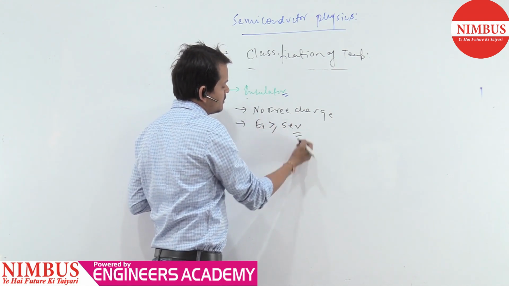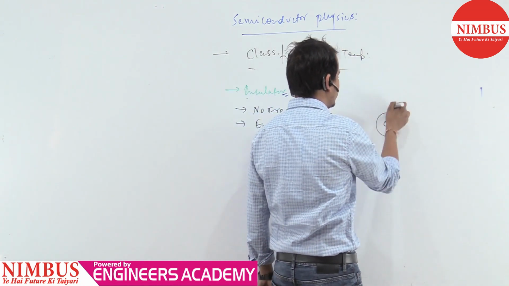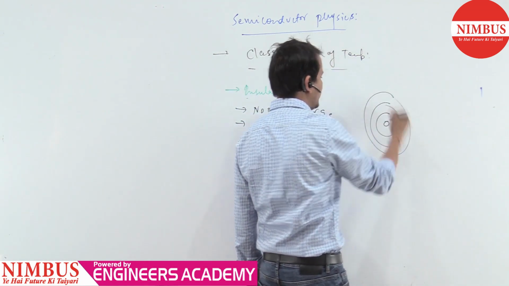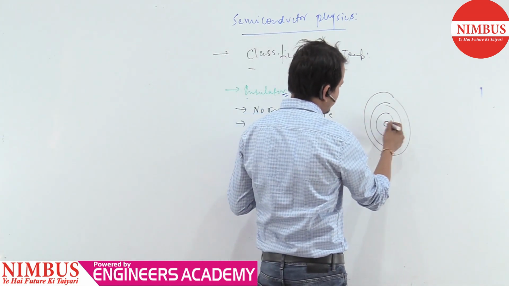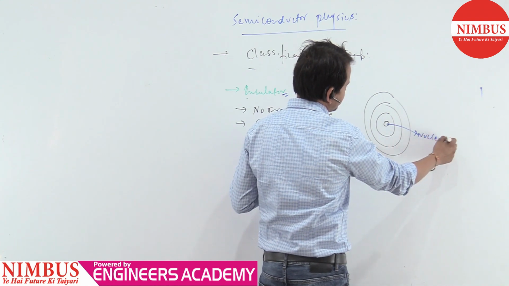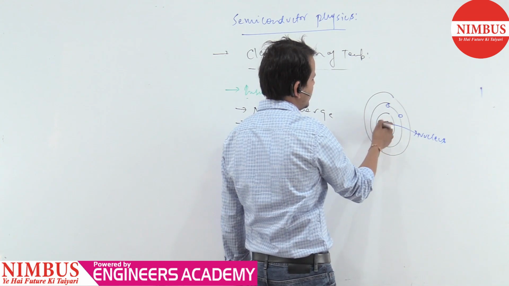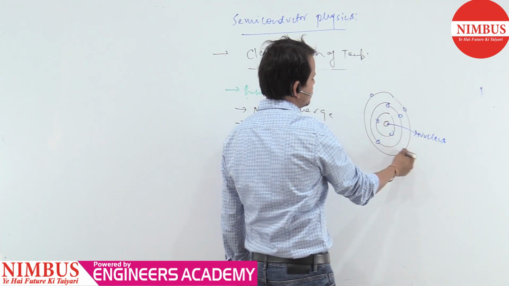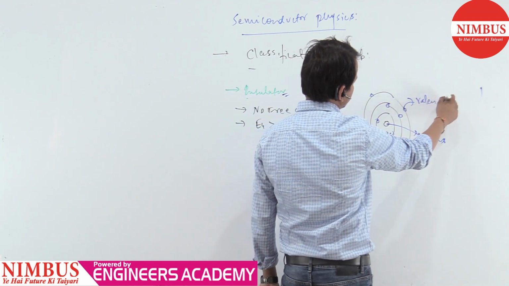As you know from the 12th class, every material in the real world has some atomic structure. This is a nucleus, this is a nucleus, this is a nucleus, and according to the configuration we have electrons in the shells, and this electron is called the valence electron.